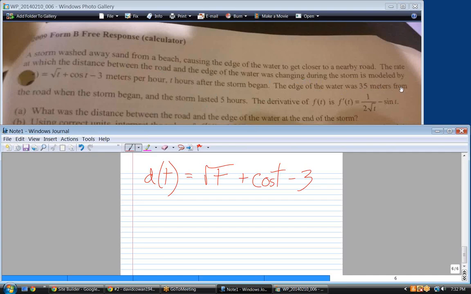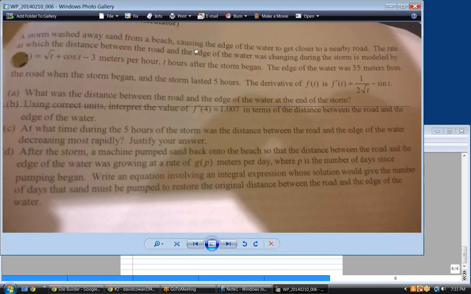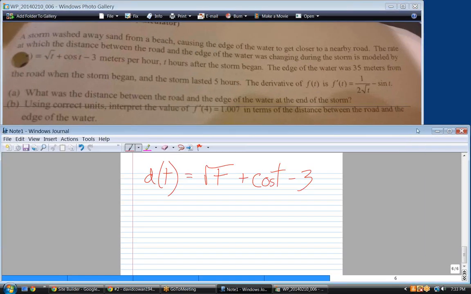All right. The edge of the water was 35 meters from the road when the storm began, and the storm lasted 5 hours. The derivative of the function is that's the derivative of that function. What was the distance between the road and the edge of the water at the end of the storm?